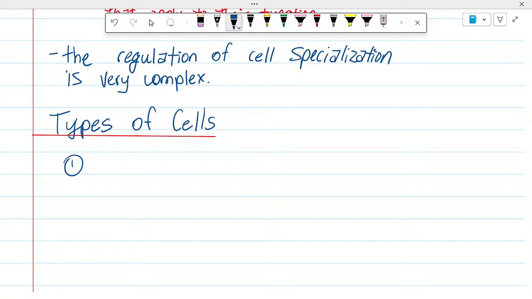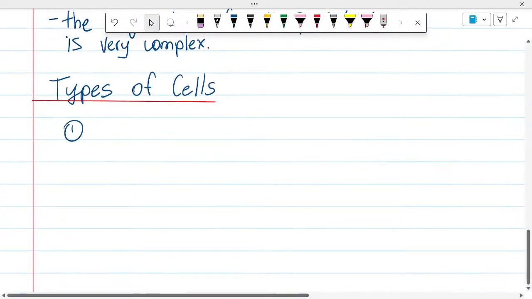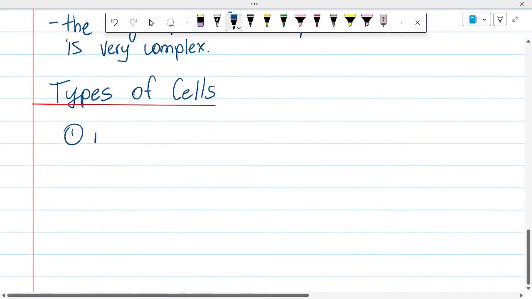So does anyone remember what the categories of somatic cells are, the categories of non-sex cells? In animals. A very important one. Muscle cells. What do they do? Well, we'll get to it in a minute. Next type.